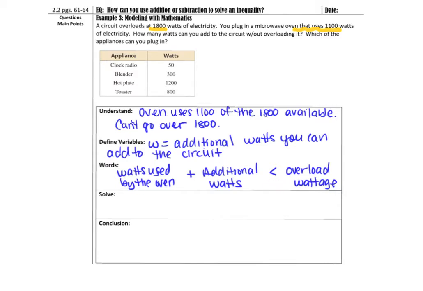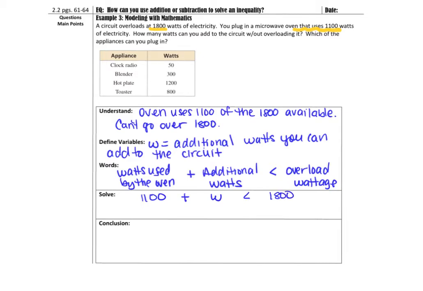Now we're going to substitute what we know about these three things. The watts used by the oven is 1100. We're trying to figure out how many additional watts we have, so that's just W. And then we have our symbol, less than 1800, which is the overload.